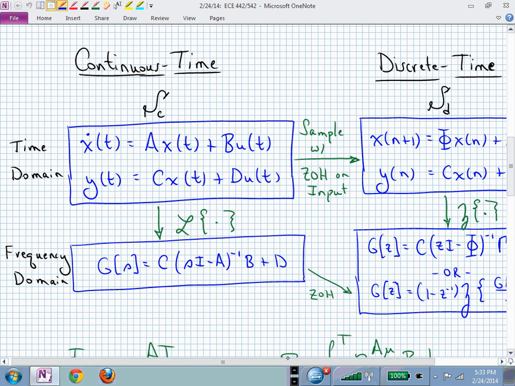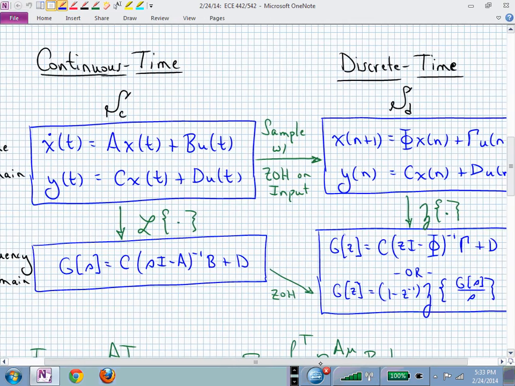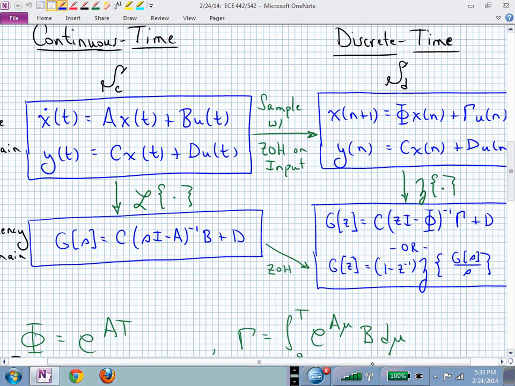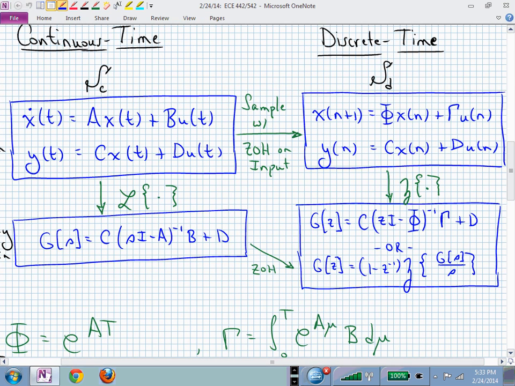Now that you know the top is time and the bottom is frequency, I'm going to slide over, in a way of trying to capture this idea of how do we go from continuous time to discrete time. And we can do it many different ways.